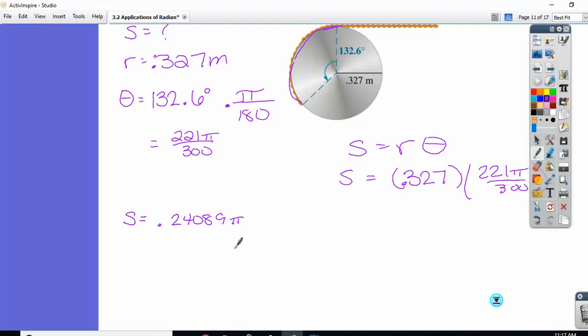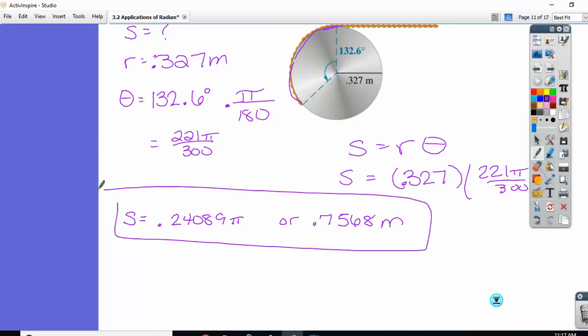If I'm talking about a distance, a lot of times, unless it's a nice number, you would probably give me the decimal anyway. So if you want to go ahead and multiply that out, give me like 4 decimal places. And since I multiplied out the pi, I don't have my pi symbol on that one. The units, I told you arc length and the radius will always have the same units, so you could answer with either of those.